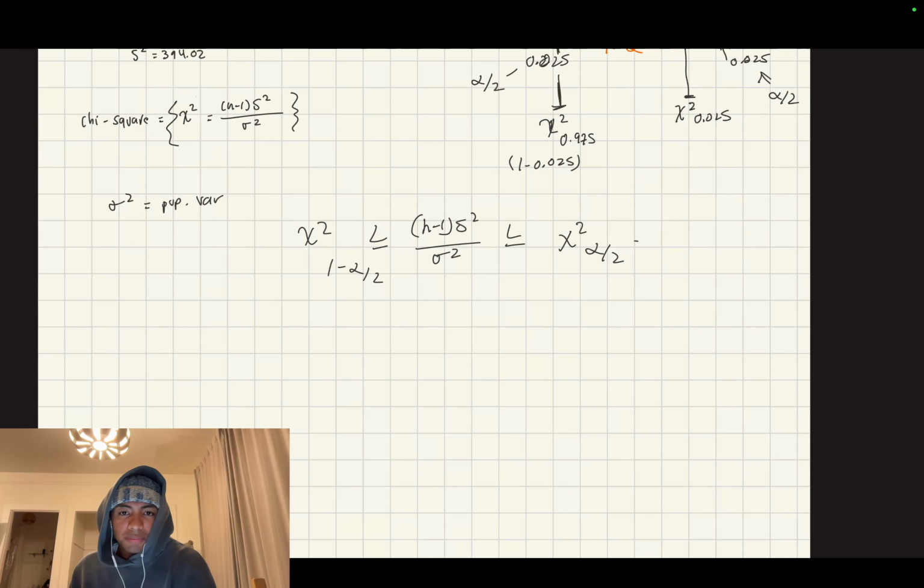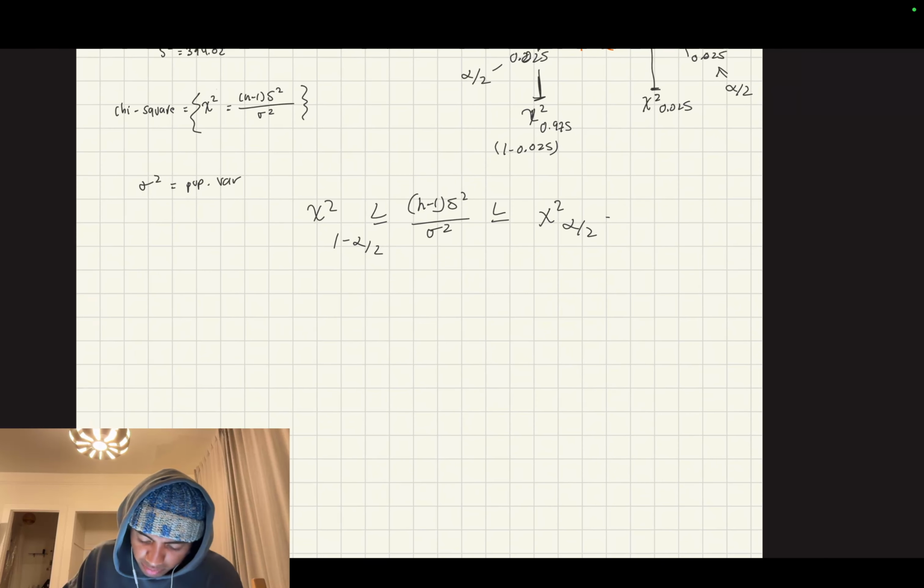You might fast forward this part if you're not interested in how we get from one step to the next. The first thing we want to do is turn these around and flip our confidence interval so that we can have our sigma squared on top.